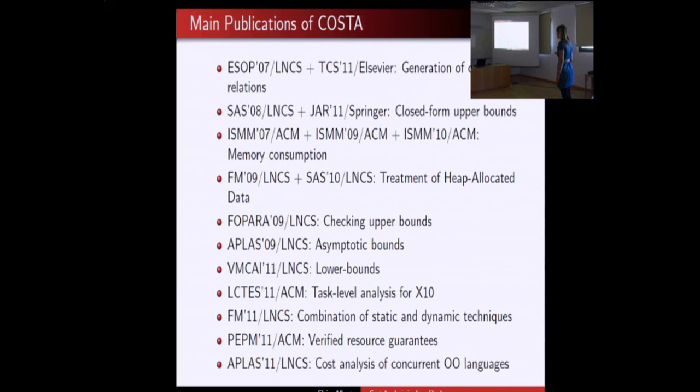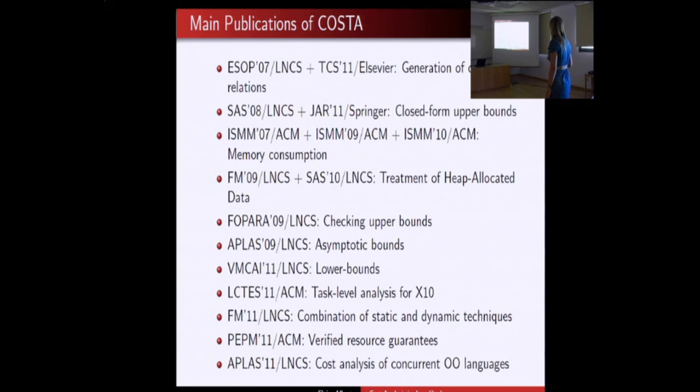For example, all these ISMM papers try to estimate memory consumption in the presence of garbage collection with different strategies. For the treatment of heaps that I commented on, we have these papers, the FM 2009 paper on numeric fields, and we have a SAS version for reference fields.